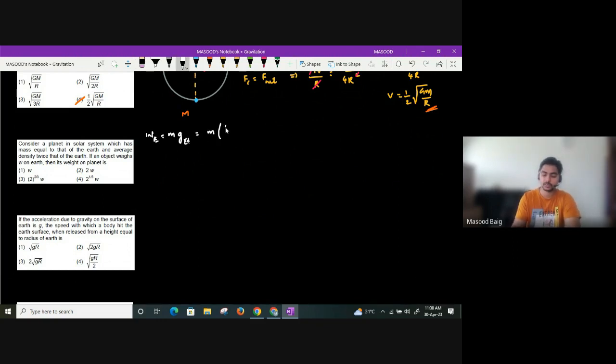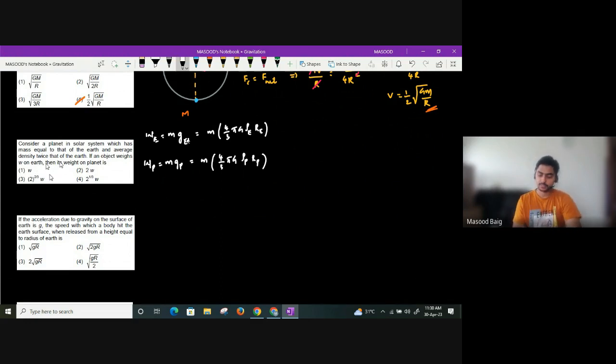It is 4 by 3 pi G rho of earth into radius of earth. What will be the weight on the planet now? It will be mass into g on the planet. We can write m into 4 by 3 pi G rho of planet, r of planet, guys. They have given mass equal to that of the earth, and average density twice that of the earth. So in terms of mass and density they have given.